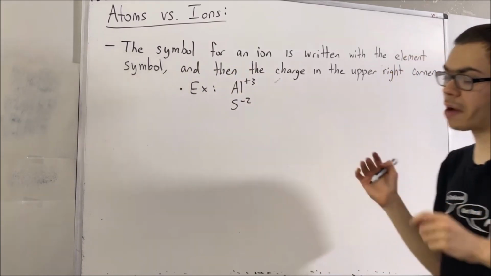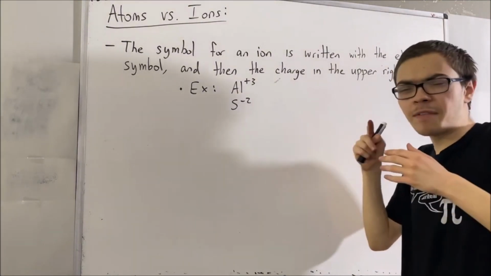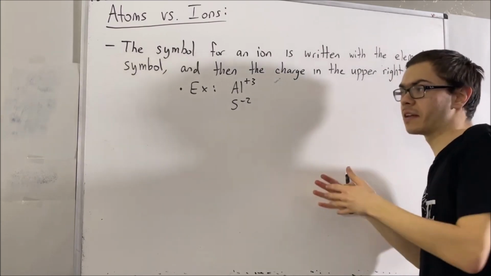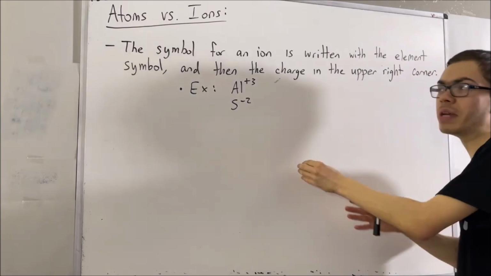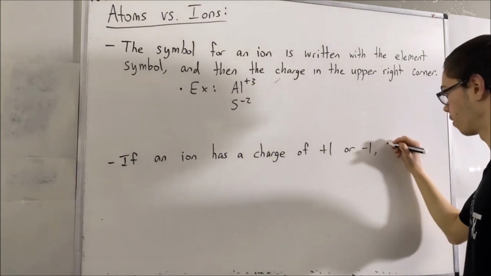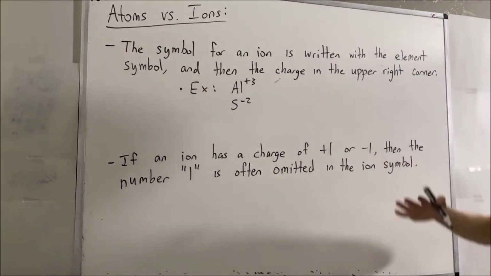Now, another thing you'll commonly see in ion symbols is if we have a charge of +1 or -1, then they'll typically omit the number 1. Some examples include the following.